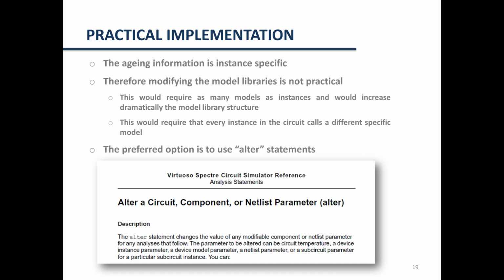So the parameters to be altered can be a circuit temperature, a device instance parameter, a device model parameter. This is what we are interested in. A netlist parameter, or a sub-circuit parameter for a particular sub-circuit instance. So that's exactly what we want. We want to modify only 2 or 3 parameters of a generic model for the instance we are interested in.